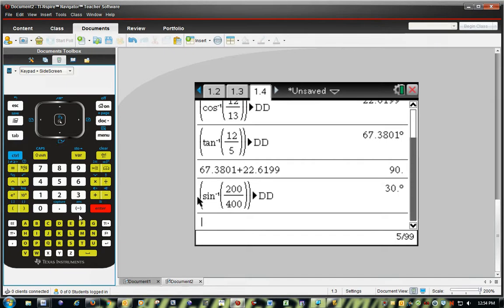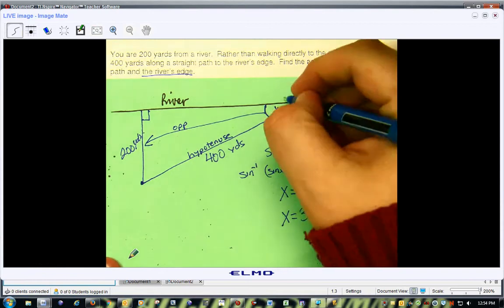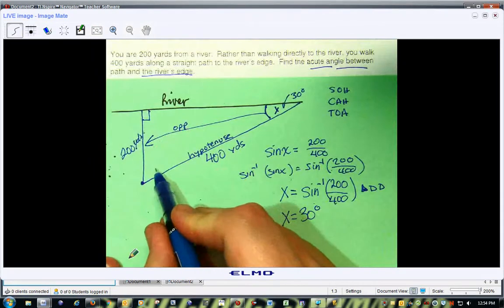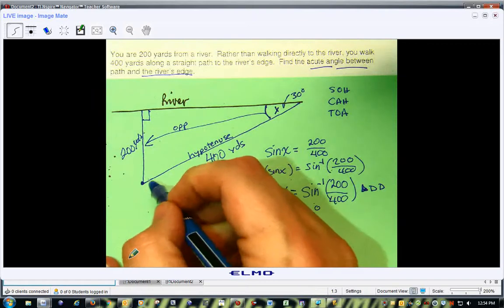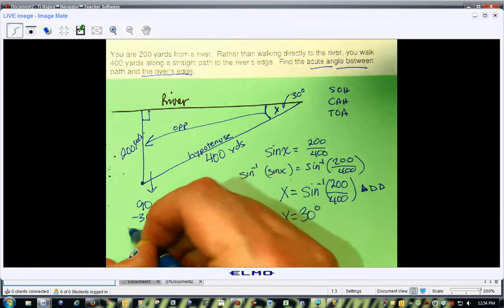So if we jump back to the picture, I know this is 30 degrees right here. What's this angle then? That'll be your 60 degrees.